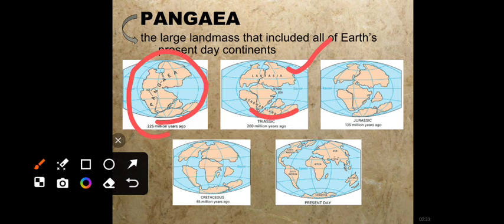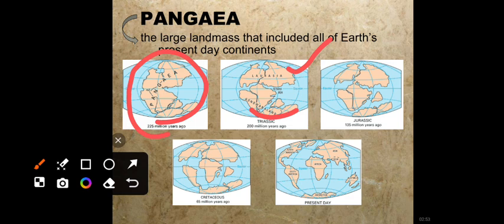With continuous movement of the tectonic plates, these two continents also began to break and drift apart. Laurasia, the northern part, gave birth to the present continents of North America, Europe, and part of Asia.